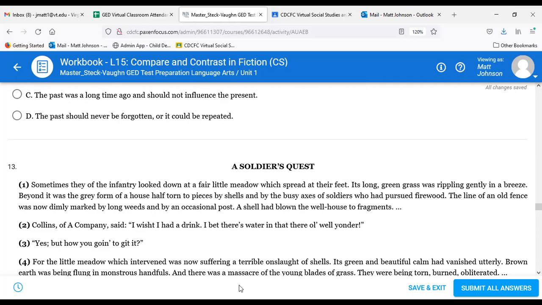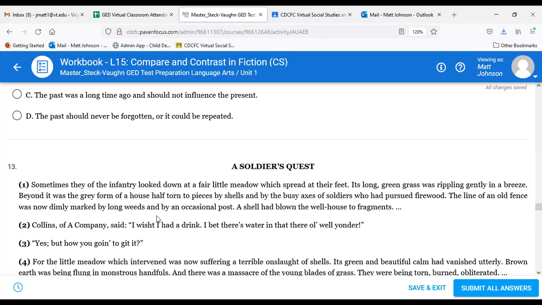Beyond it was the great front of the house, torn to pieces by shells and by the busy axes of soldiers who had pursued firewood. The line of an old fence was now dimly marked by long weeds and by an occasional post. A shell had blown the well house to fragments.